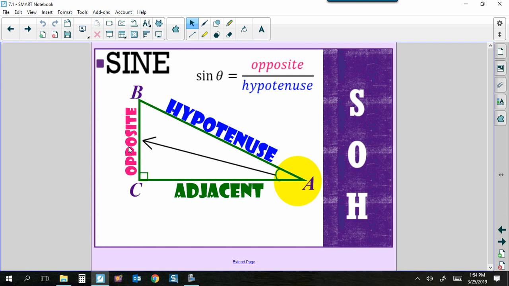For sine, what we're doing is dividing the opposite and hypotenuse sides, and no matter what size the triangle is, if the angles are the same, the answer is going to be the same. So sine uses that relationship of opposite to hypotenuse to tell us what that angle is.